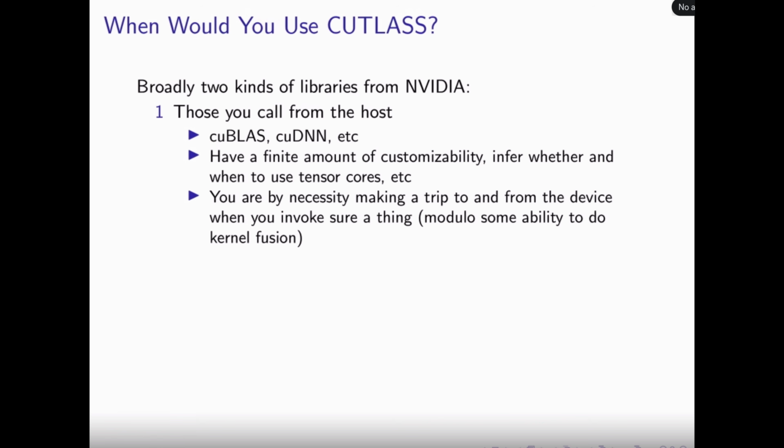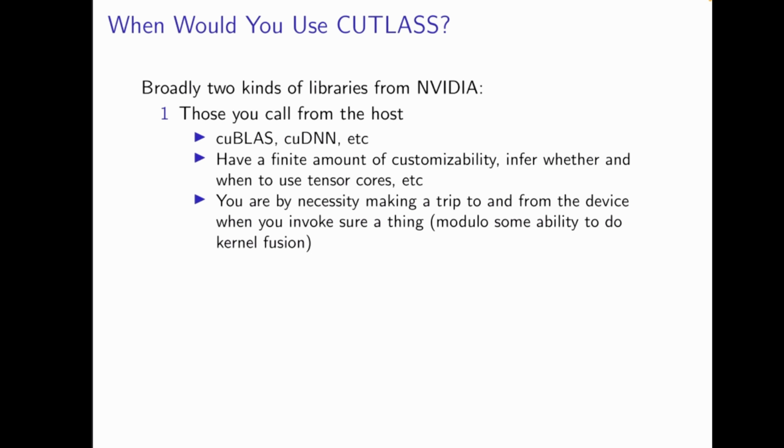Some of these libraries, like cuBLAS for example, do have the ability to do some kernel fusion, so if you invoke the composition of several functions, you don't have to come back and forth to the host each time. They can fuse some kernels together for you, but generally speaking, you have a limited amount of flexibility there.